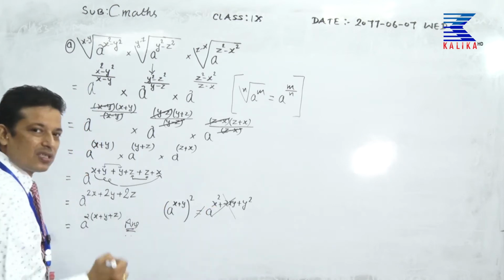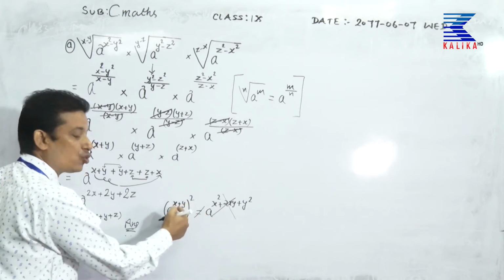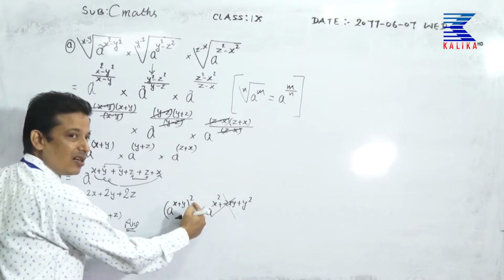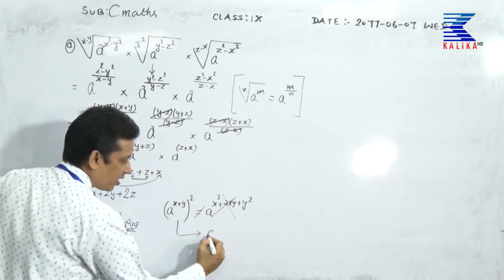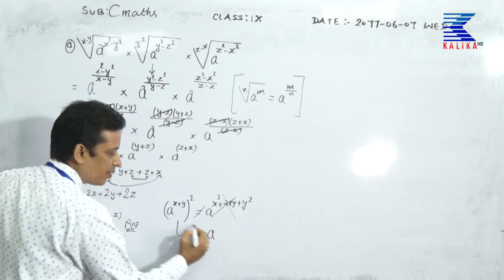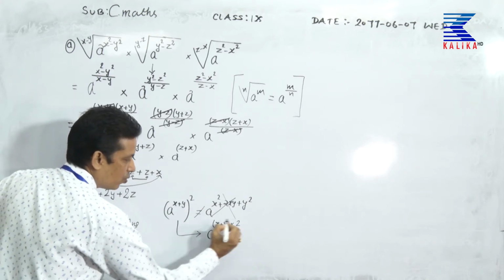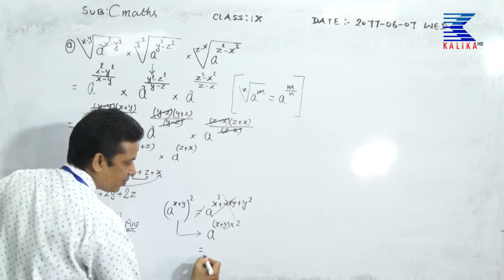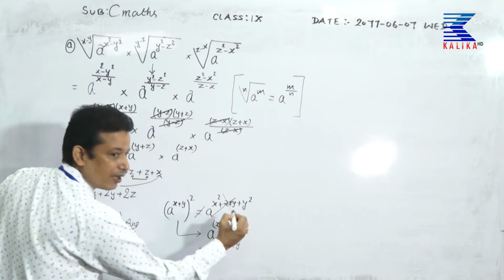Here we need to use laws of indices. Here we have raised a power to a power. This is why we need to write a to the power, and this power should be multiplied: x plus y into 2, and then it becomes a to the power 2x plus 2y.